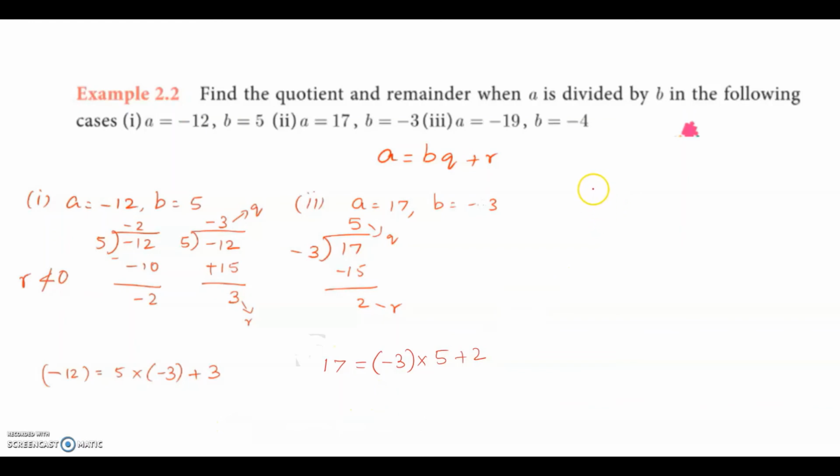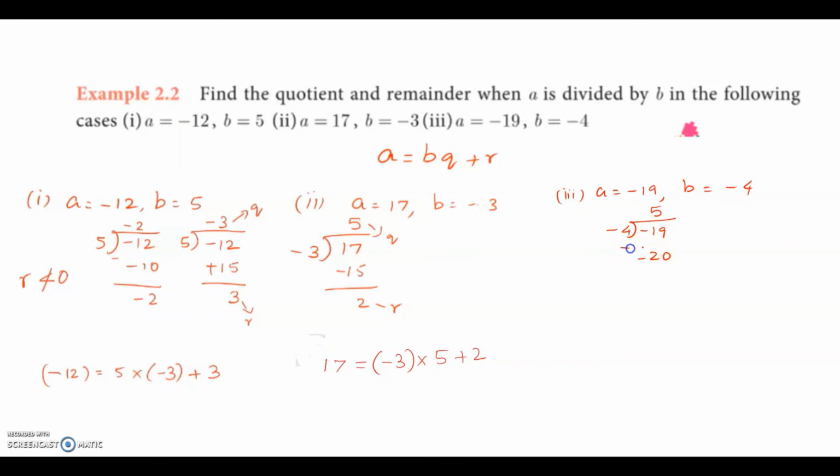Let's do our last one. A is equal to minus 19, B is equal to minus 4. So dividing minus 19 by minus 4, you will get 5 times minus 4 to be minus 20.